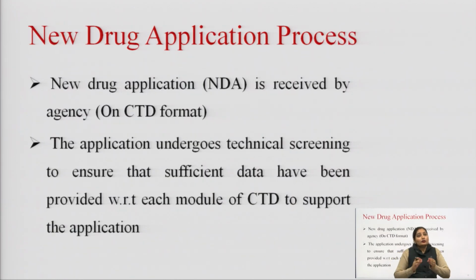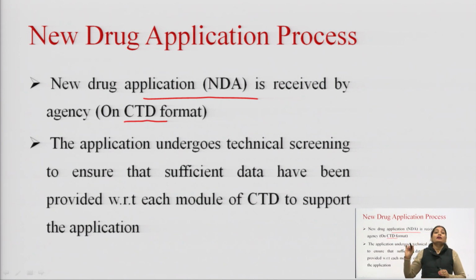Next is the new drug application process. See, new drug application is received by the agency. New drug application is submitted to the CDSCO in the CTD format. What is CTD? Common Technical Document. So, this application will be received by the regulatory authority in the format given by the CTD.